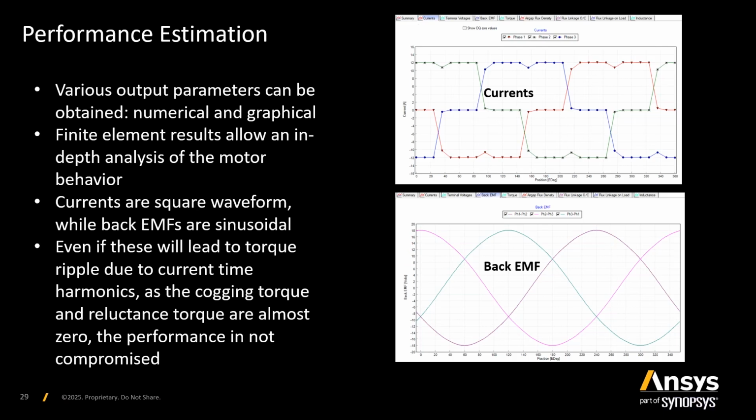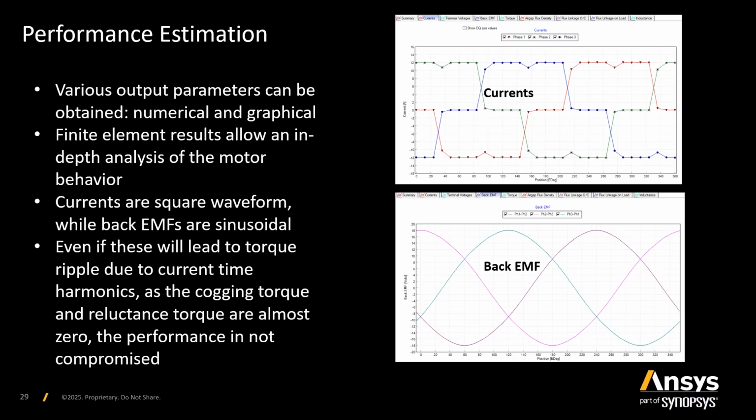However, this is something that we can accept even for this application because the torque ripple is minimized by minimizing the cogging torque. There will be some extra aspects coming from the interaction between different time harmonics of the current that will lead to some harmonics, respectively harmonic number 6 and 12 for this type of machine.